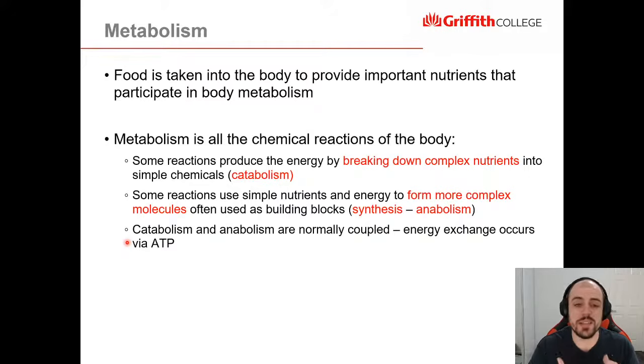We've got catabolism. So catabolism is taking one big thing and breaking it down into smaller, more simple things. Okay, so that's catabolism. And anabolism is the opposite. That's where I take many smaller things and build them up into one big thing.